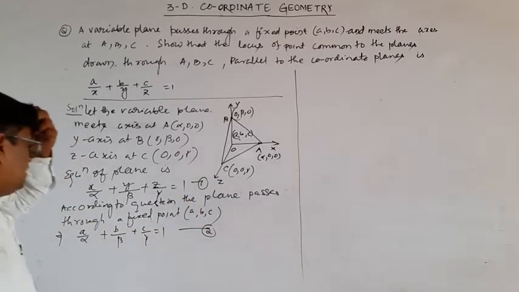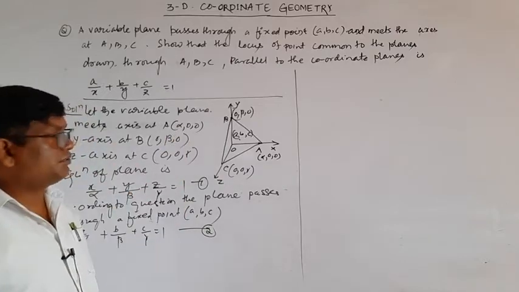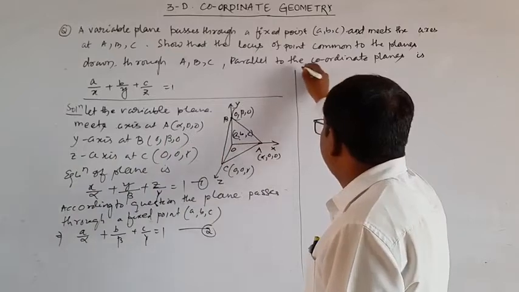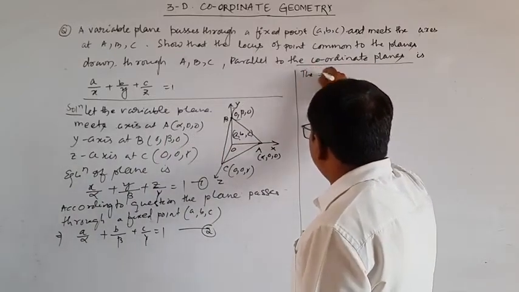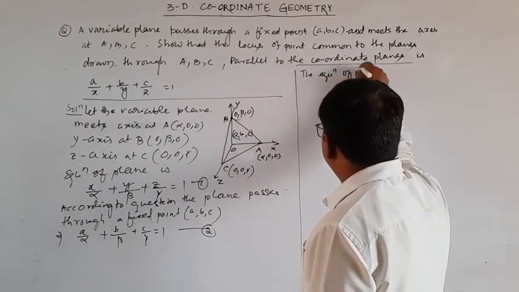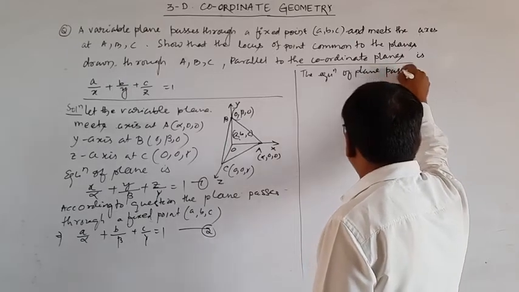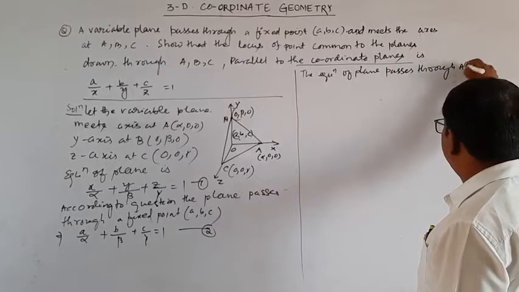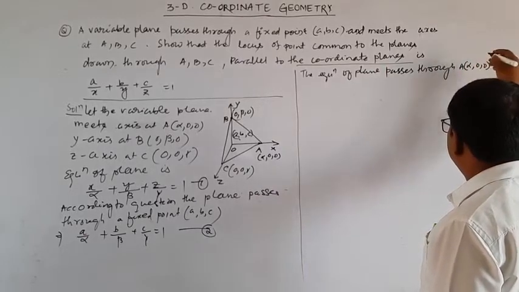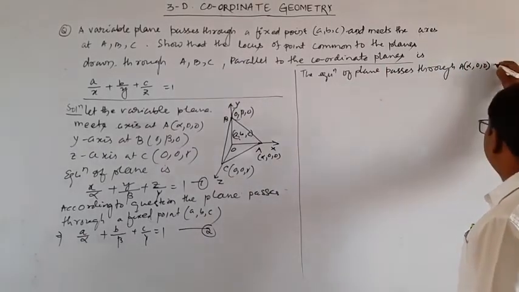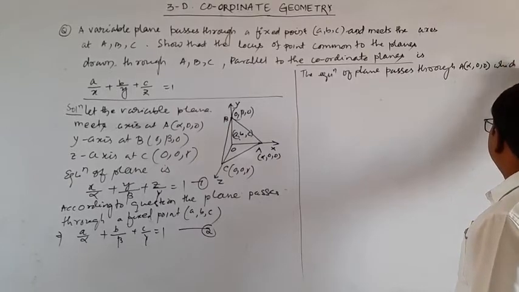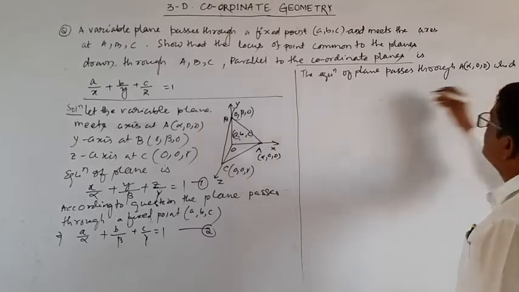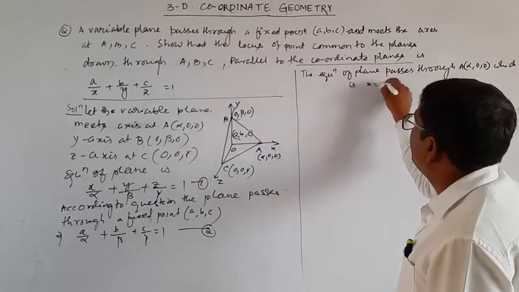Now the equation of the plane passing through the point A (alpha, 0, 0) which is parallel to the yz plane is x = alpha.